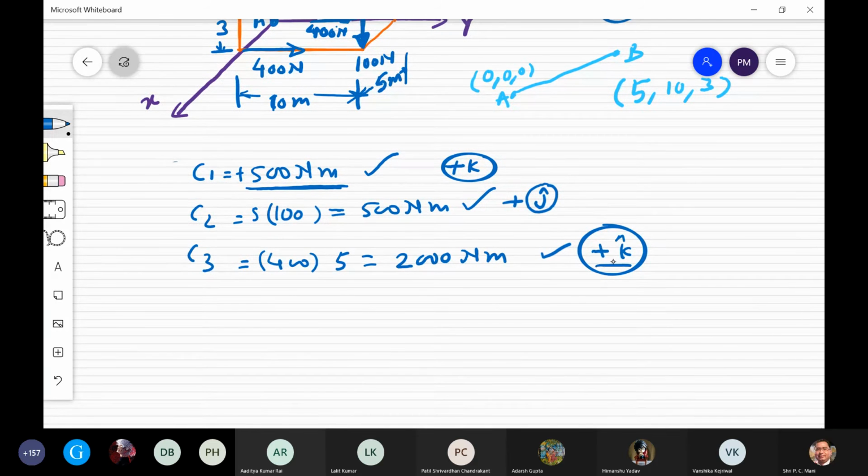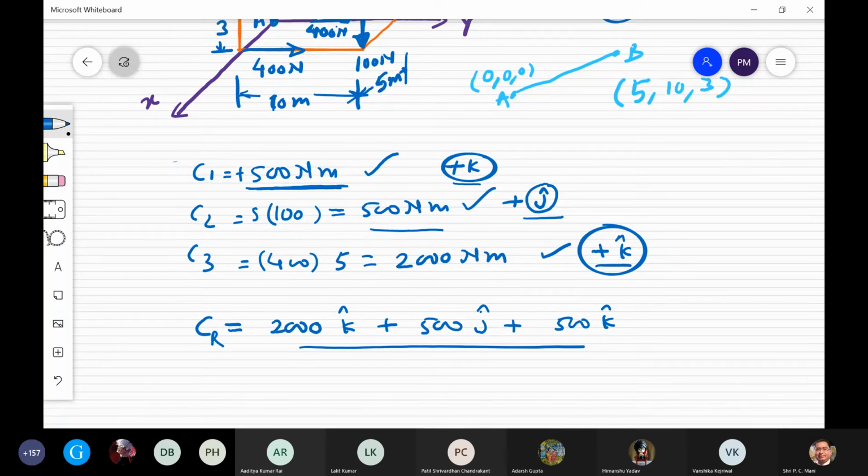So 3 couples, C1, C2 and C3. In which direction is it given? That is this one. So your total resultant couple is how much? 2000 K in the positive direction, 500 J, and 500 K again. So this one is the resultant couple.